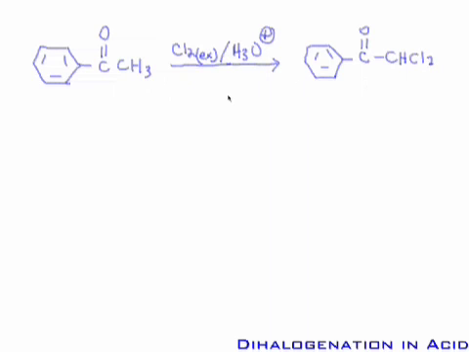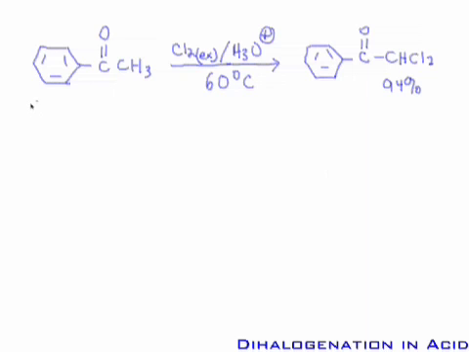Well, we can do that if we heat the system to 60 degrees Celsius. That's a significant amount of heat, and you'll get 94% yield of 2,2-dichloro, 1-phenyl ethan 1-one. All right.